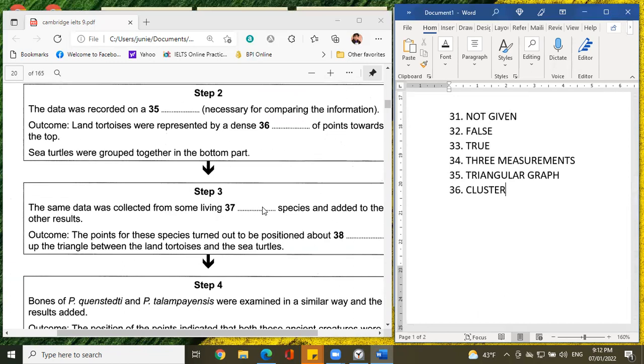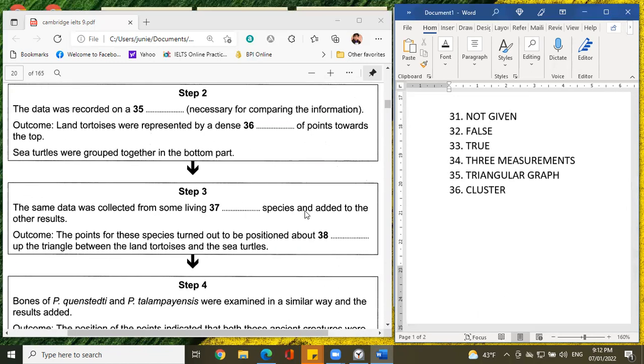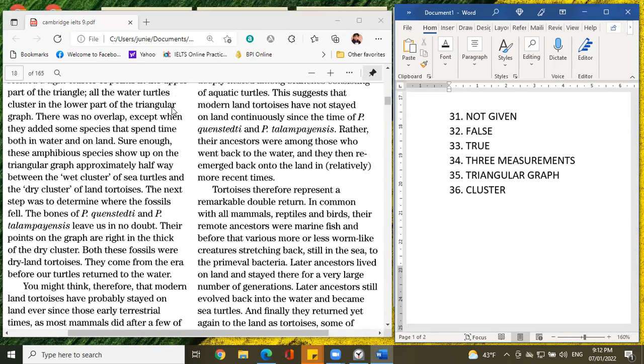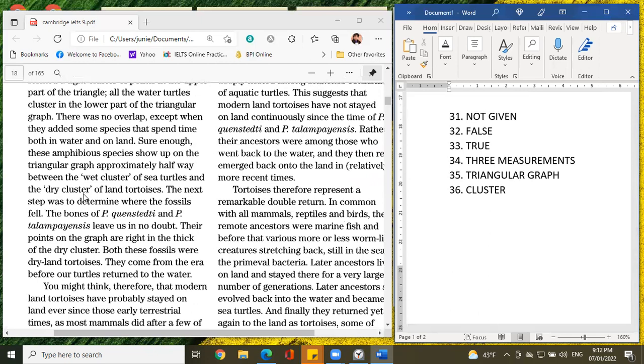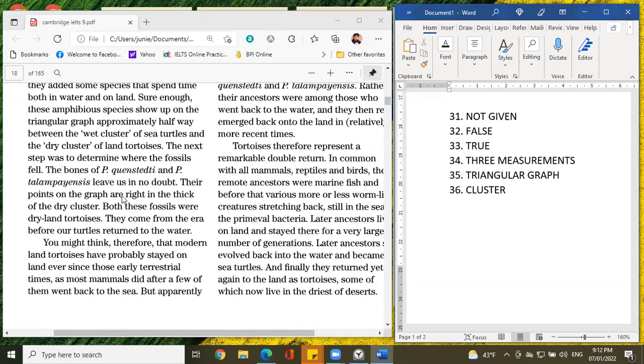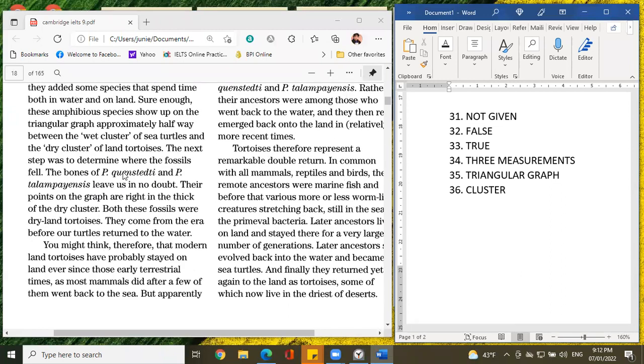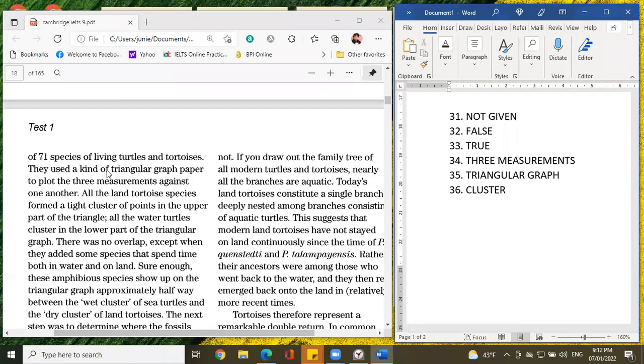Saying that from some living blank species is added to the other results. Living blank species. All the land tortoises.